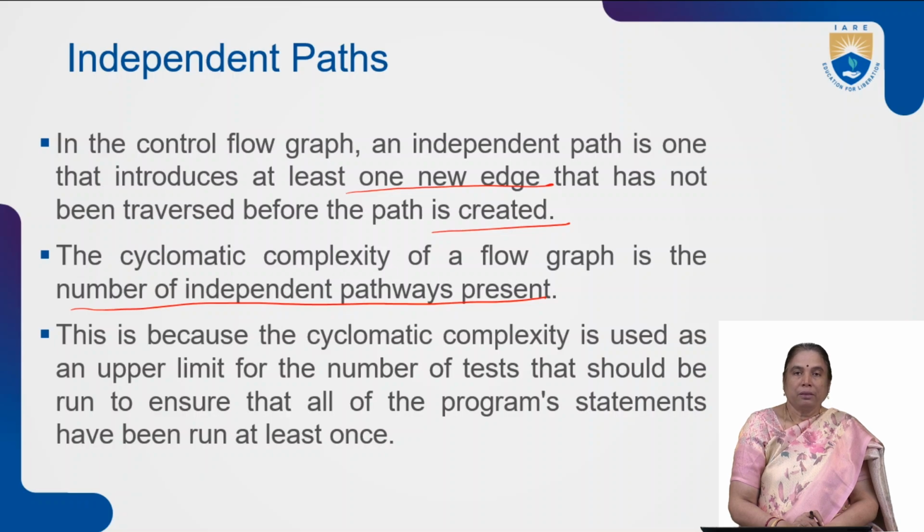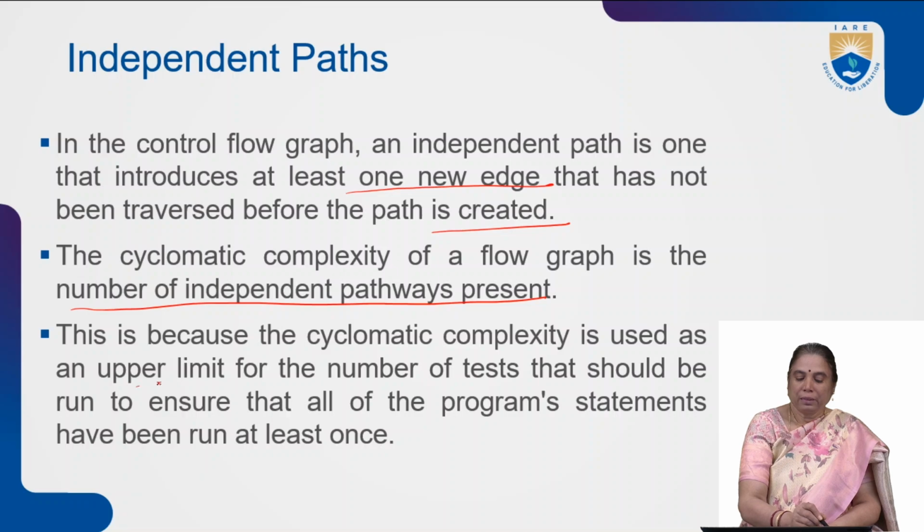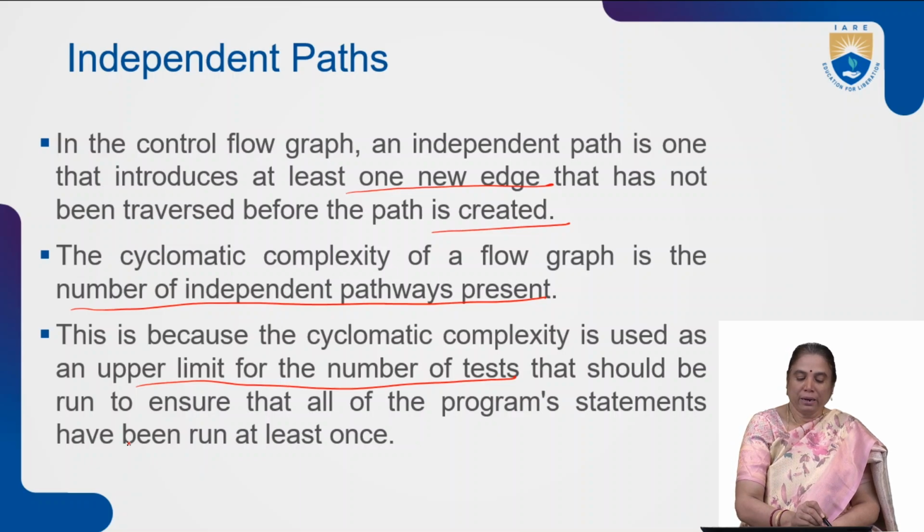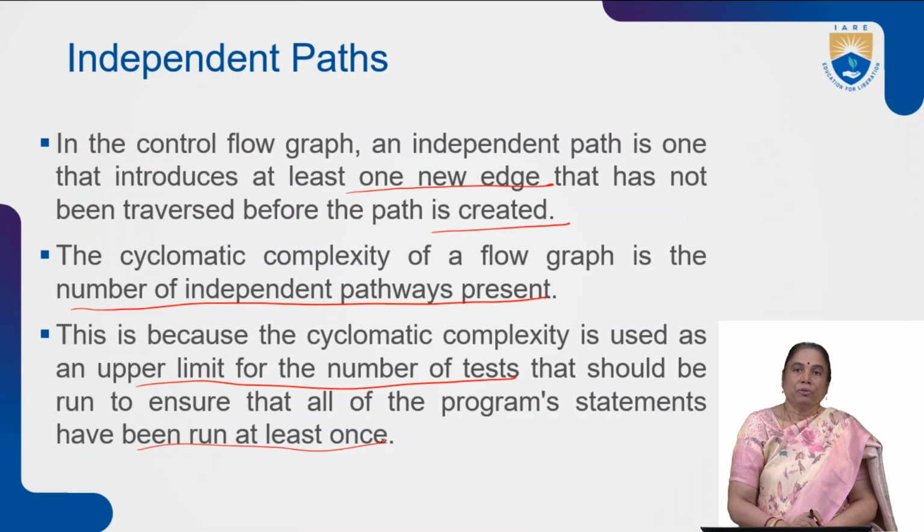This is because cyclomatic complexity is used as the upper limit for the number of tests that should be run to ensure that all the program statements have been run at least once. So complete code coverage is decided with the help of the cyclomatic complexity parameter. This is the upper limit to design the number of test cases in order to ensure complete code coverage.